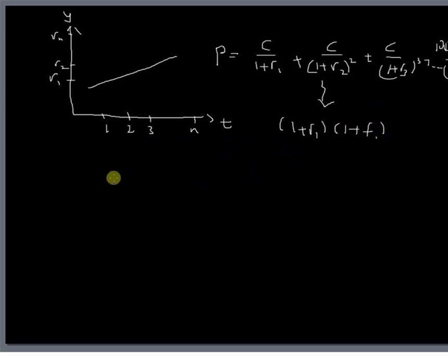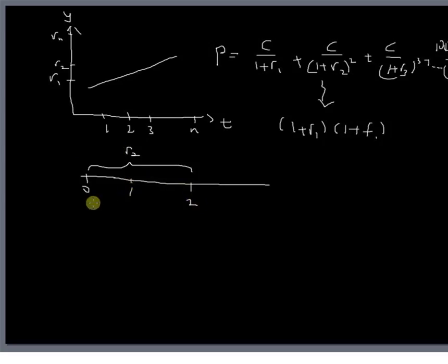So remember just now we went through this. Let's say we have R1 and we have R2. This is period 1, period 2.